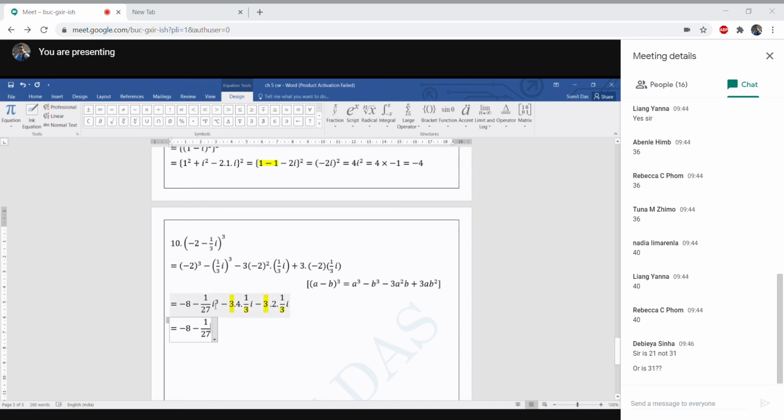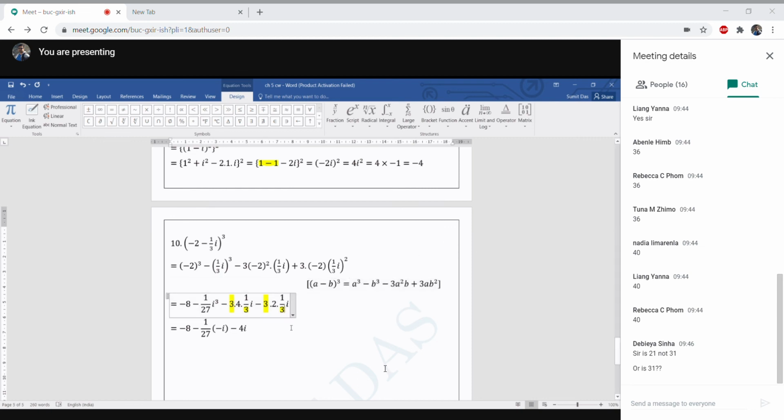What is the i cube value? The i cube value is minus i. Okay, later you just simplify by yourself. Then minus, here it will be 4i. Okay, one mistake I did here. It will be minus 1 by 3 square, right? ab square, so it will be 1 by b square.